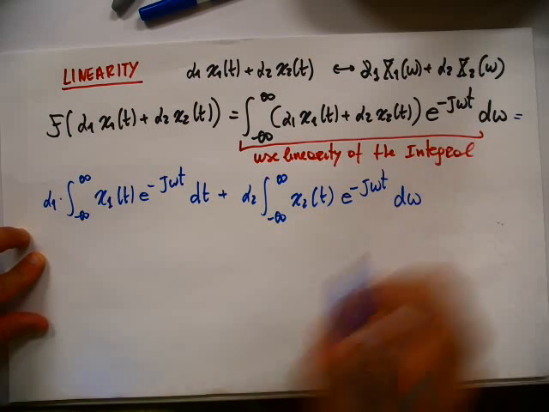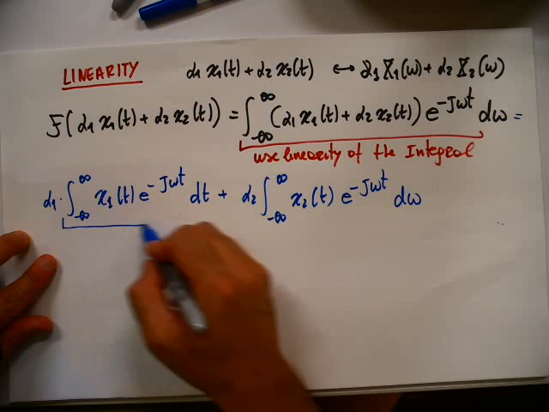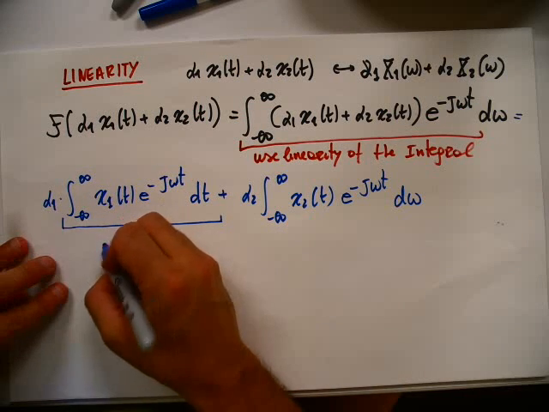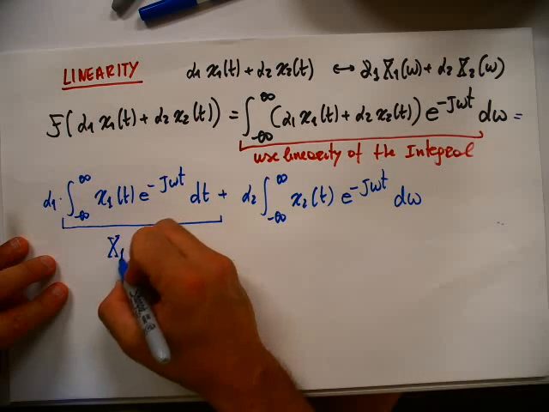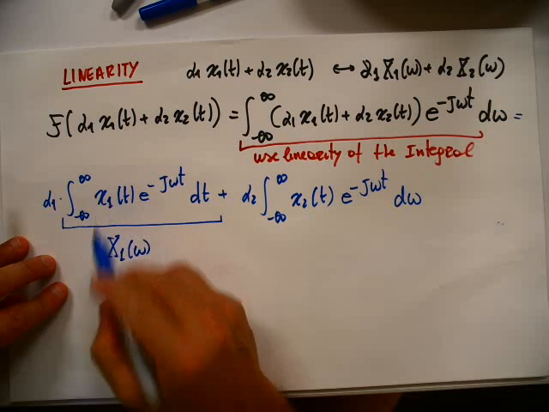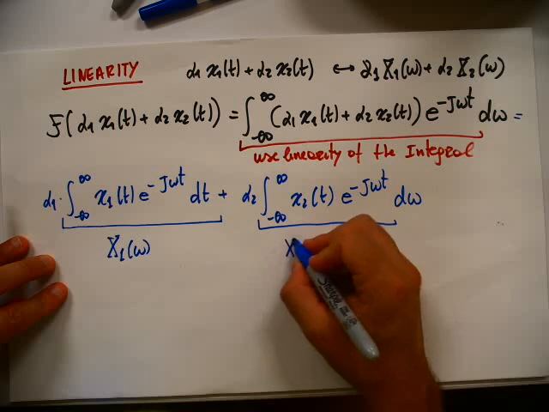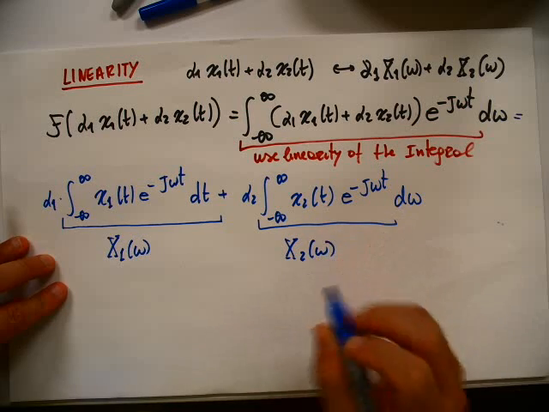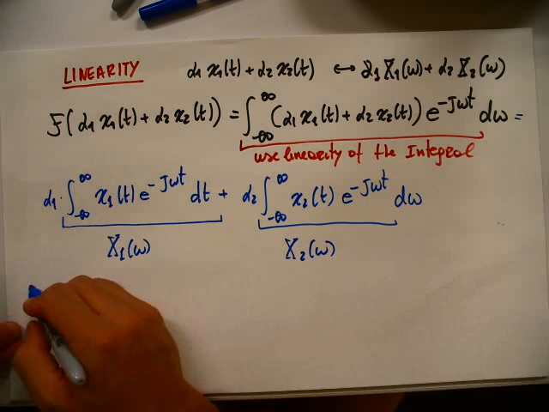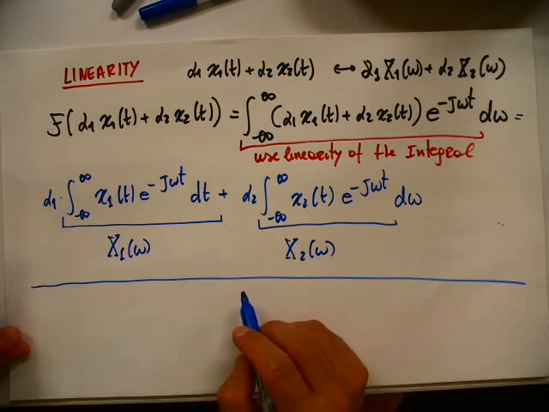But now I recognize that this is simply the Fourier transform of x1, and this is the Fourier transform of x2 of omega. So this is pretty straightforward. Then we get these results.